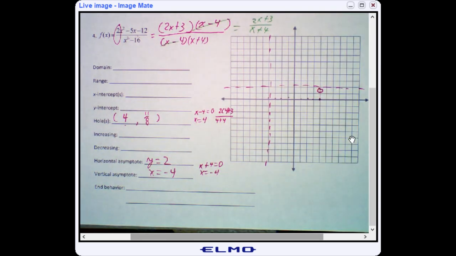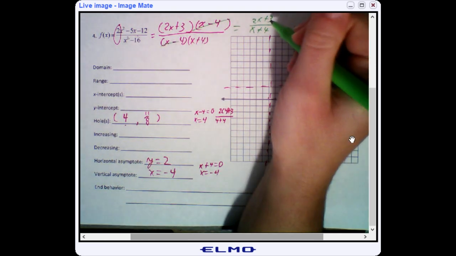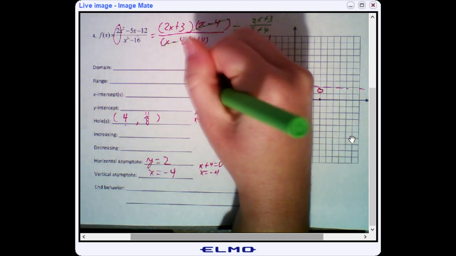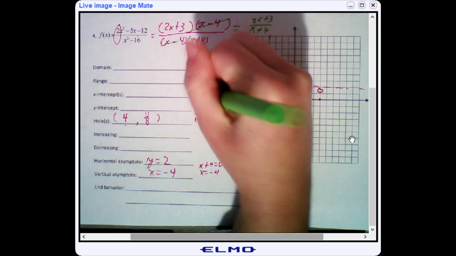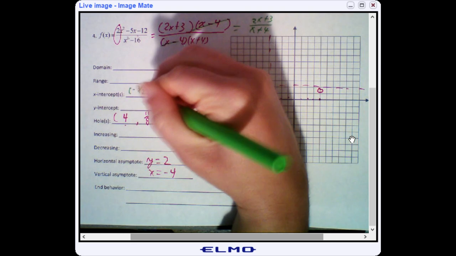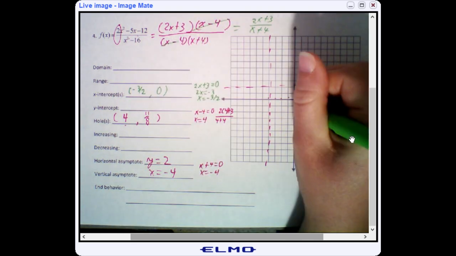For the x and y intercepts, for the x-intercept, you set the simplified numerator equal to 0. So we're going to get 2x equals -3, x equals -3/2, so -1.5.